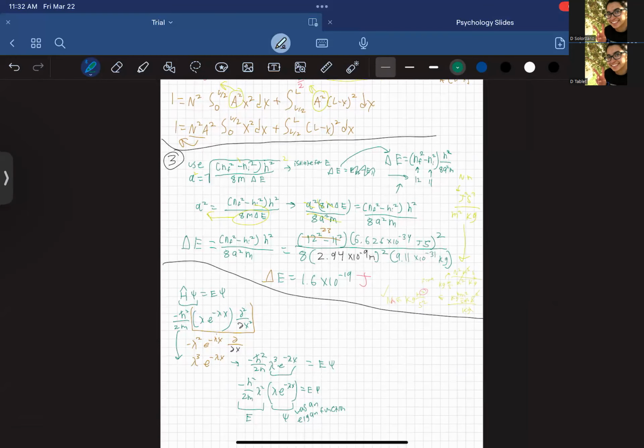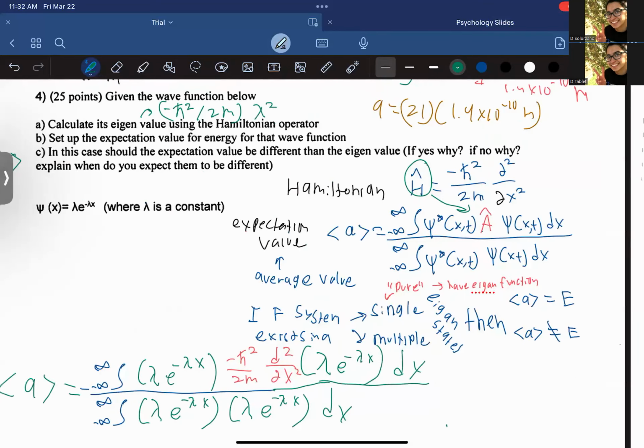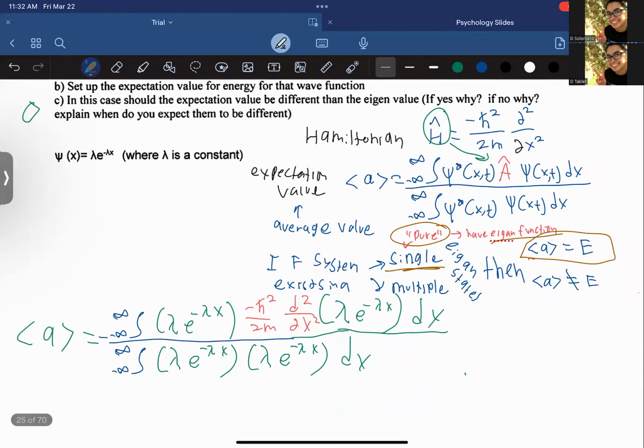And because we got the same wave function back after putting it into our operator, it means that that wave function was an eigenfunction and it should be pure. In which case it would fall under here, the single eigenstates, because it's pure and has an eigenfunction. So our expectation value is equal to our eigenvalue. And then with that, I think we should be good.